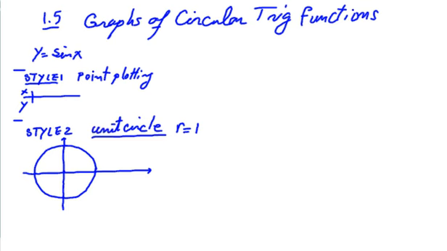We said for any angle that is in standard position, so if you have angle theta, to figure out the sine of theta, we have to take the ratio of opposite to the hypotenuse. So this is my opposite. Hypotenuse is the radius, which is 1. So sine of theta becomes equal to the height of this green line.